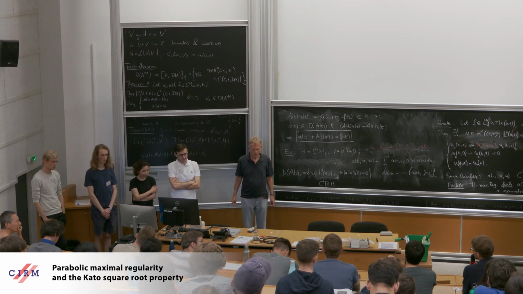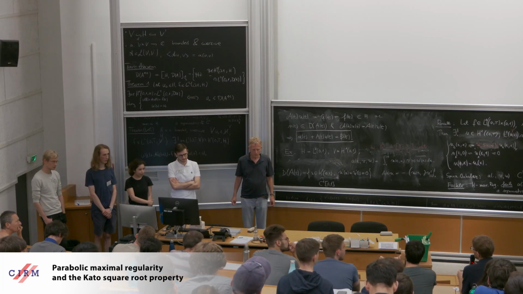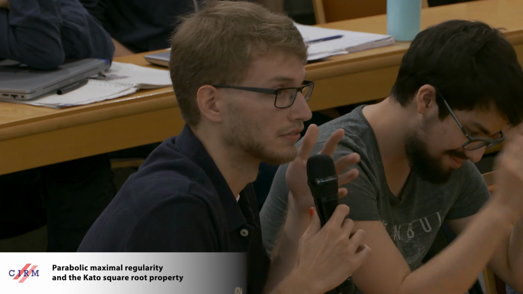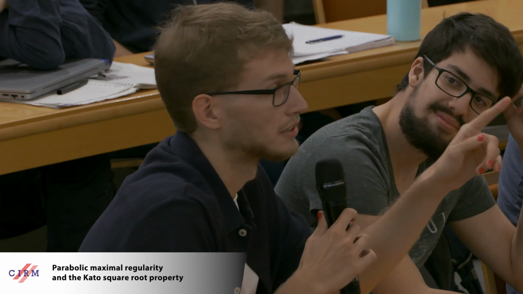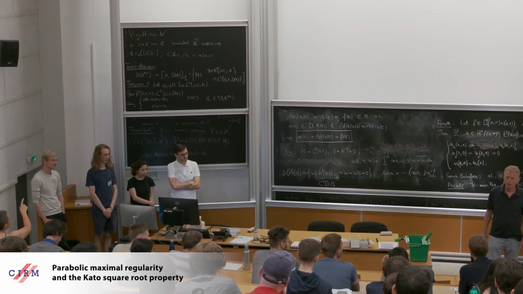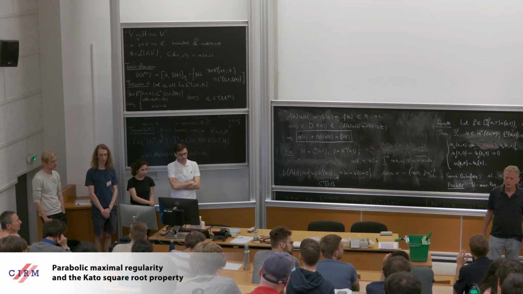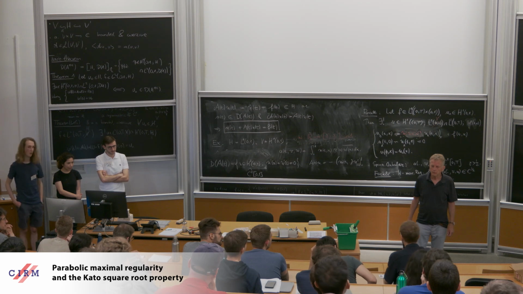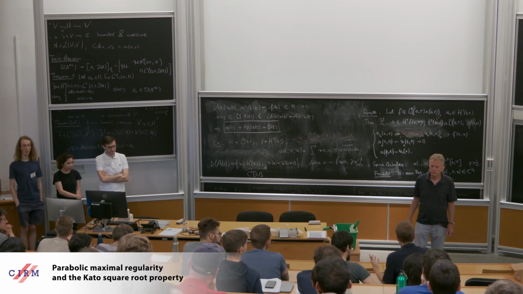I didn't really understand why the domain of A squared is so interesting in the presentation. You talk much about the A square root. We talked about all these differential equations, and how does that link back to the domain of a square root?